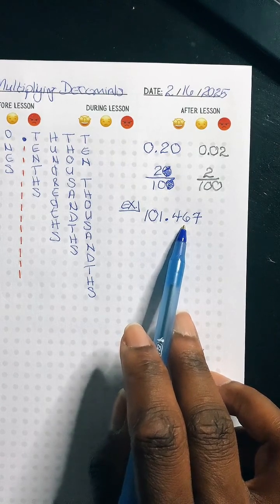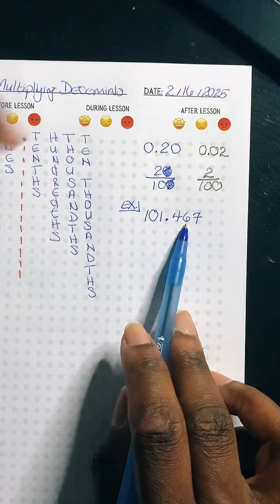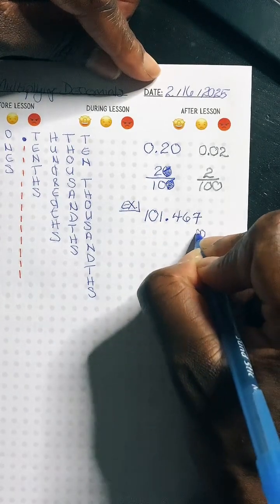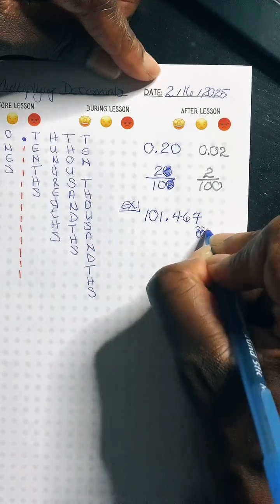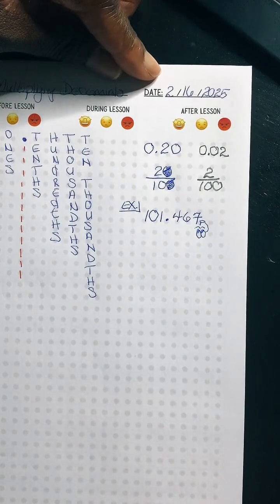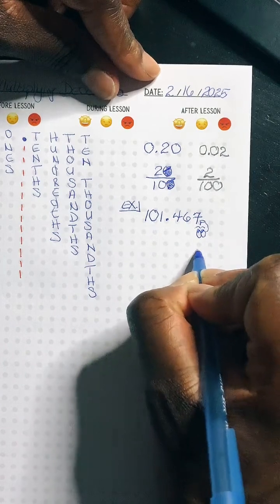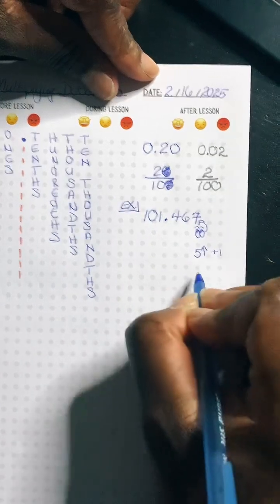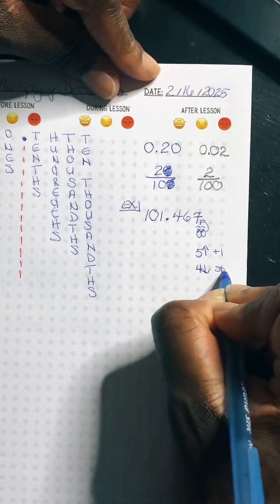So I have to round it to the hundredth position. That means I need to get my eyes on the thousandth position. So the rule is, if it's 5 and above, we're giving it a shove. If it's 4 and below, we're going to leave it alone.